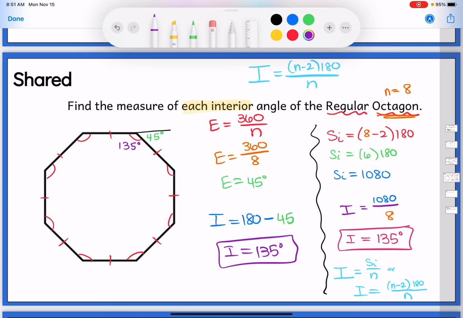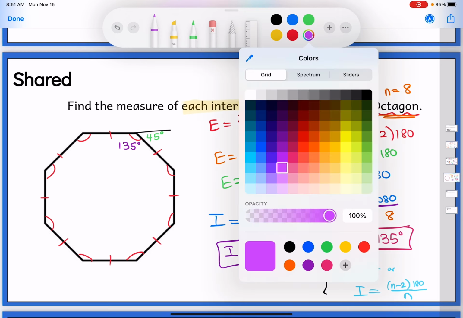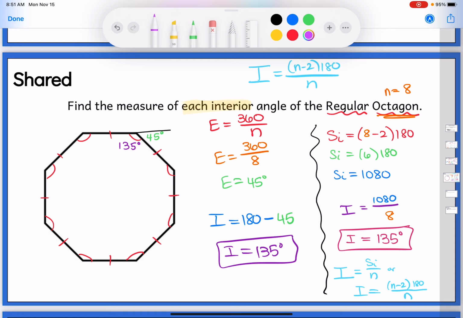So this is another way that I could do it, finding the same thing, but a totally different formula, right? What I did here is I did 180 minus E. Now, they don't always give you an exterior angle, so we could say that I equals 180 minus 360 over N, right?